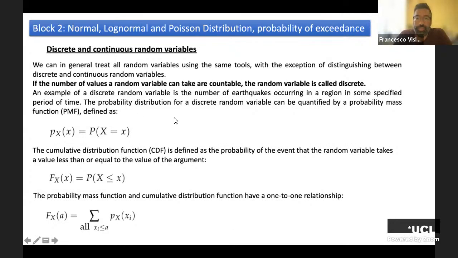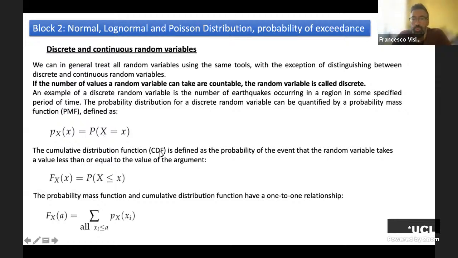And the probability distribution for a discrete random variable can be quantified by a probability mass function: the probability that the variable X will take the value x in lowercase.